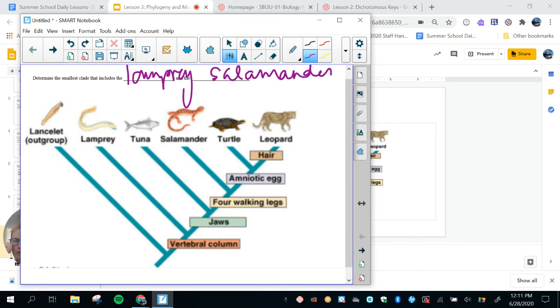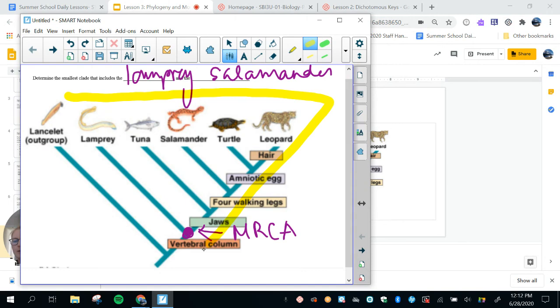Okay, so I go to my diagram and I want to first find their most recent common ancestor. And that would be right here. Okay, I'm going to just short form it, most recent common ancestor of those two, of the lamprey and the salamander. Then I'm going to take out my highlighter and I'm going to say, okay, here's the clade.